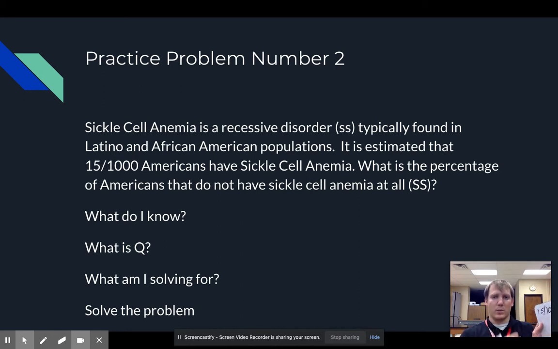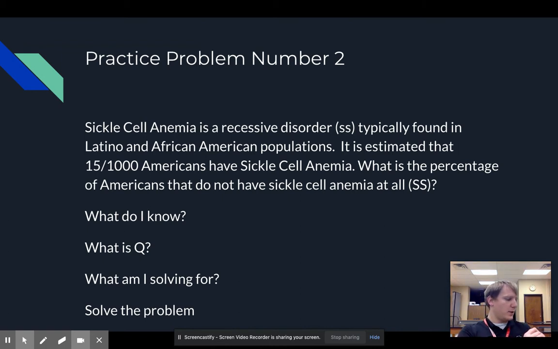That's what I know. What is the percentage of Americans that do not have sickle cell anemia? We're going to come back to that. Right now, I know that 15 out of 1,000 are my little s. Little s is saying the same thing as homozygous recessive.